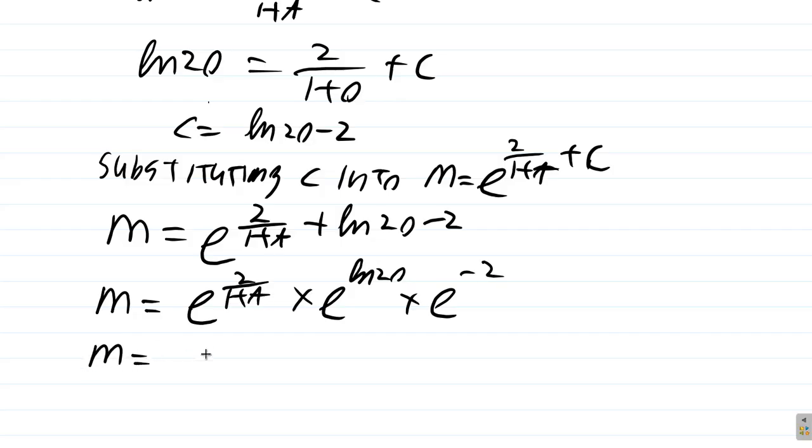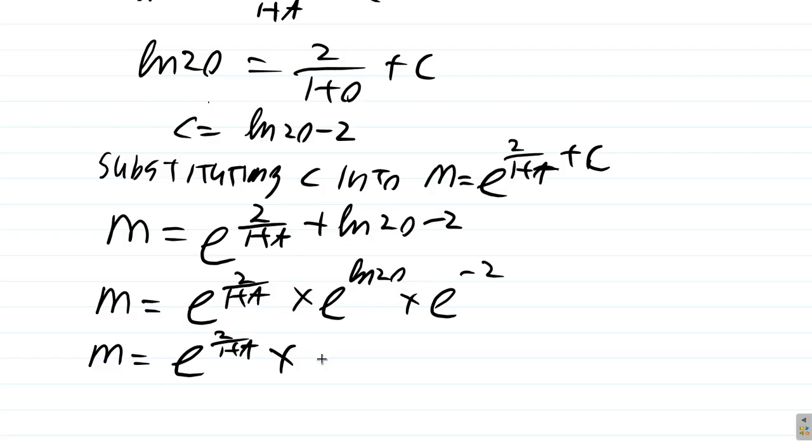Now m would be e to the 2 over 1 plus t times, what is e to the ln 20? Now remember, when you have e to the ln of anything, the answer will be that thing, whatever it is.